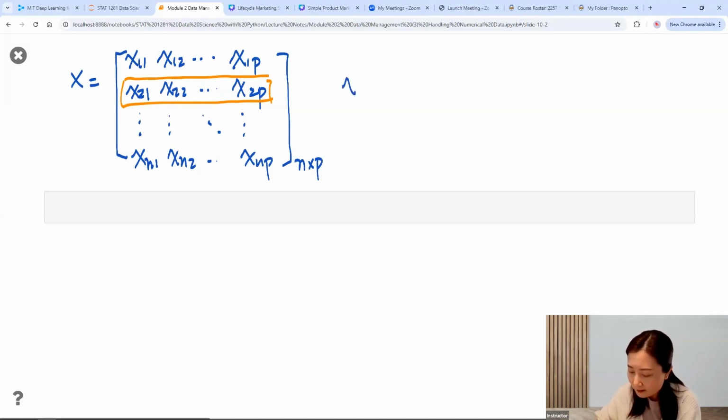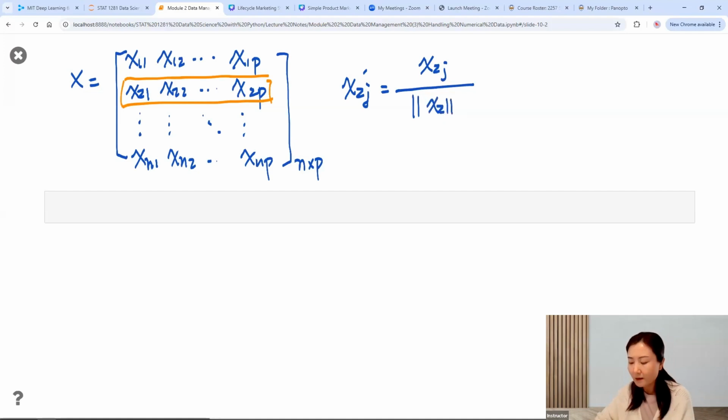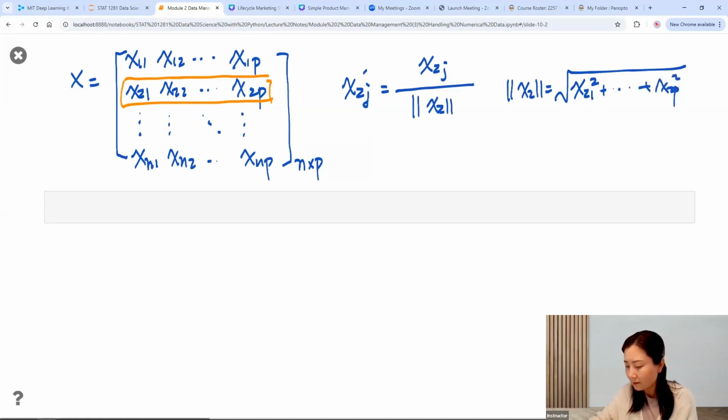For example, let's focus on the second row. x2j prime will be equal to x2j divided by the norm of x2, where the norm of x2 is the square root of x21 squared all the way to x2p squared.